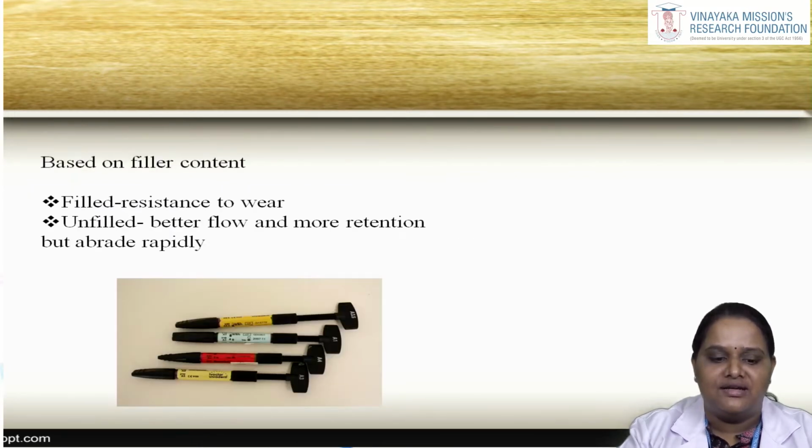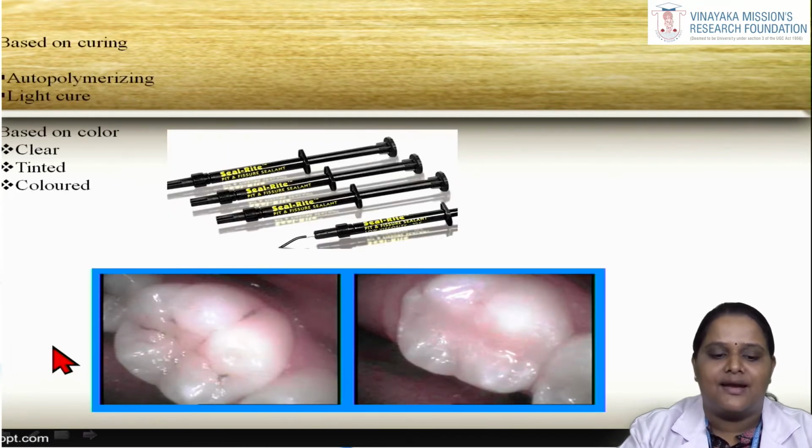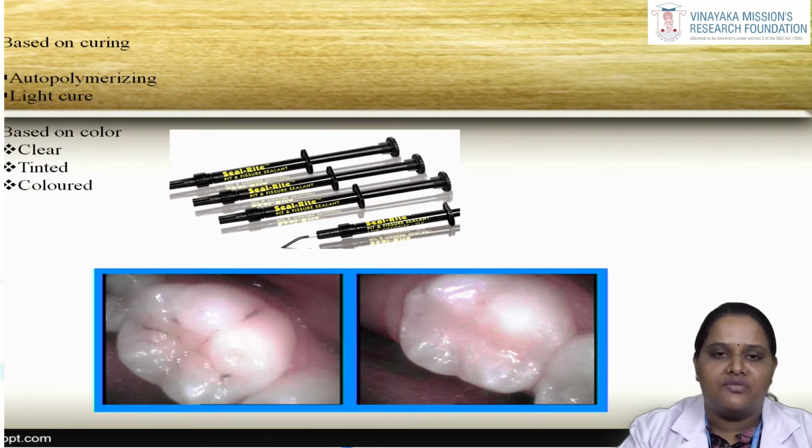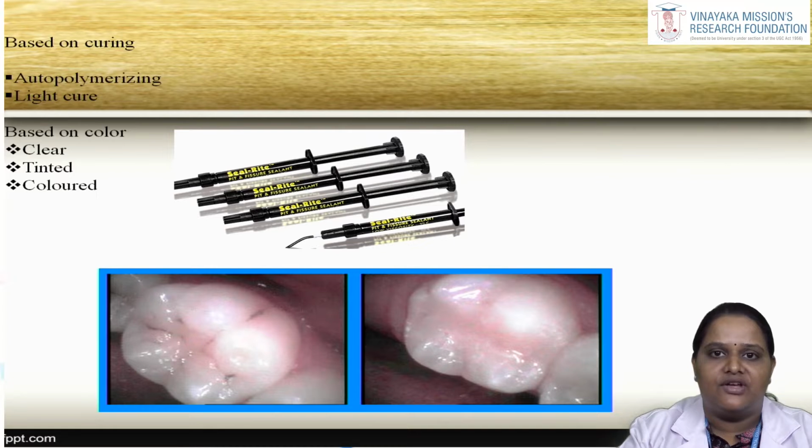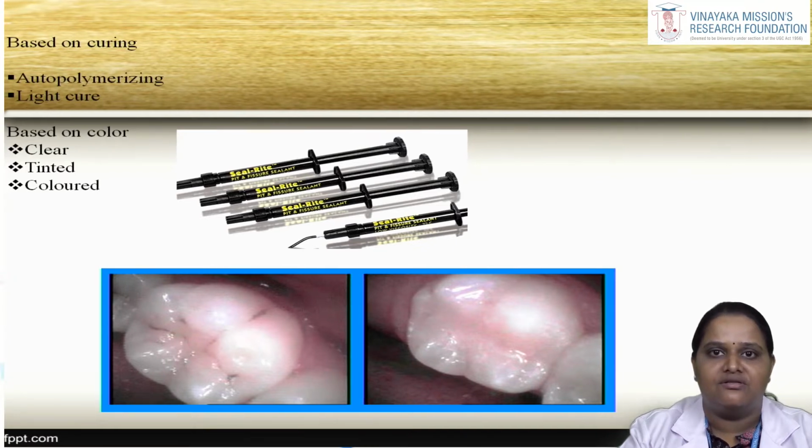Based on the filler content, it's classified as either filled or unfilled resins. The filled sealants are resistant to wear, whereas the unfilled ones have better flow and more retention but abrade very rapidly. Based on the curing, it's classified as autopolymerizing or light cure type of sealants with a different wavelength of depth penetration.